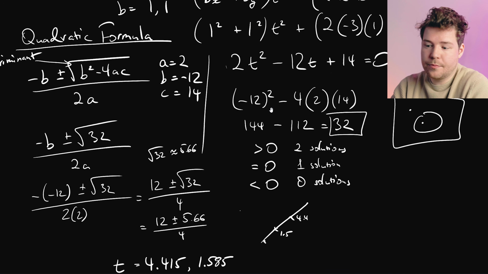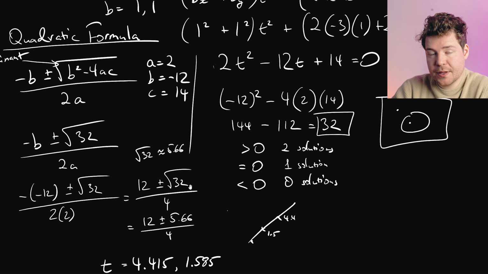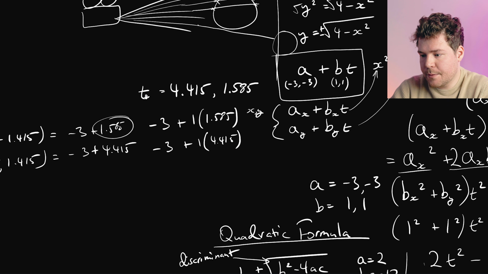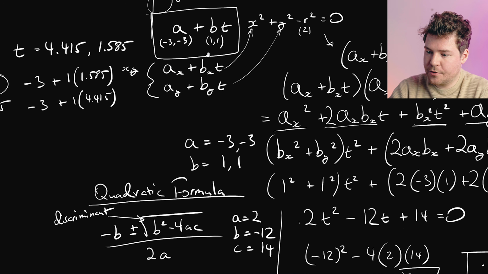Now, going back to the math episode, we know that these t values are not some kind of coordinate in 2D or 3D space. Instead, what it is is basically a hit distance that we can then plug into our original ray equation, which was a plus bt. A is the ray origin, b is the ray direction, and t is what we've just solved for. As you can see over here, we can do this per component.